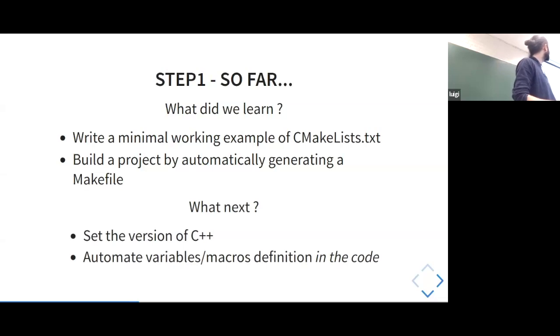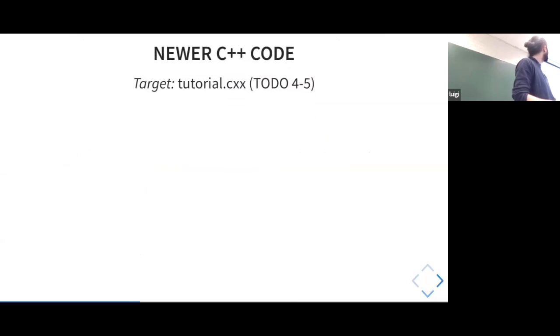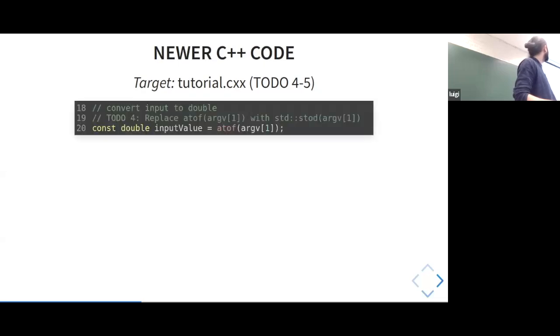Now we're going to get more into it. If I want to use newer C++ code, here it's step 2. For now, I've been using C++98, which is pretty old. Let's say I want to move to a slightly newer version, C++11.